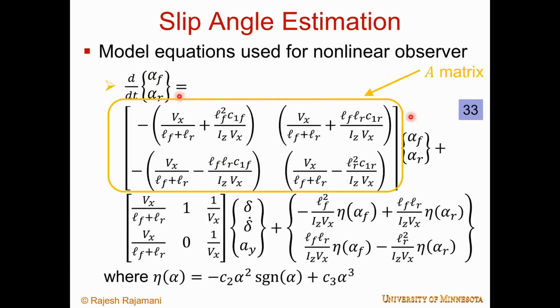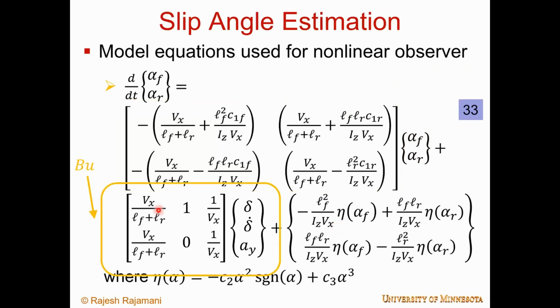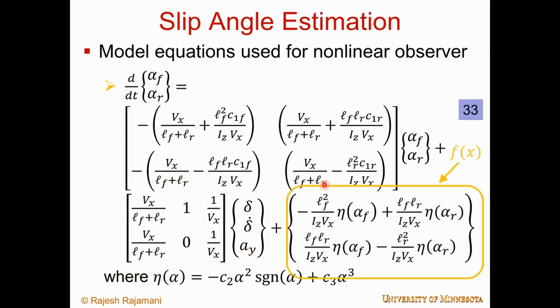You have a linear portion, so you have A times x. Then you have the terms involving the known inputs. This is delta, delta dot, and the lateral acceleration. And then you have the nonlinear term, the nonlinear function f of x.